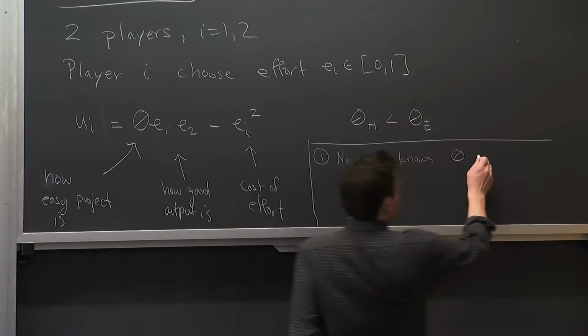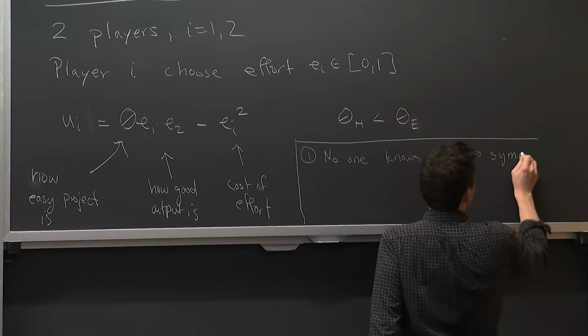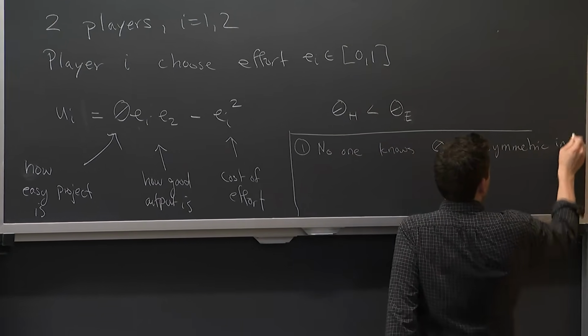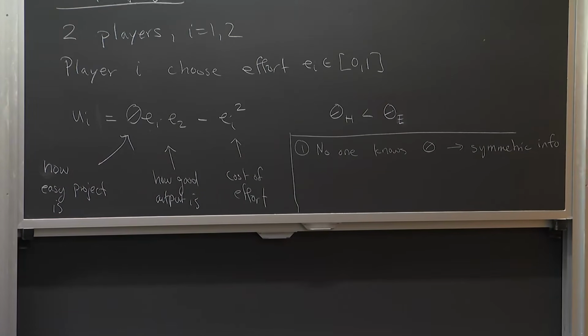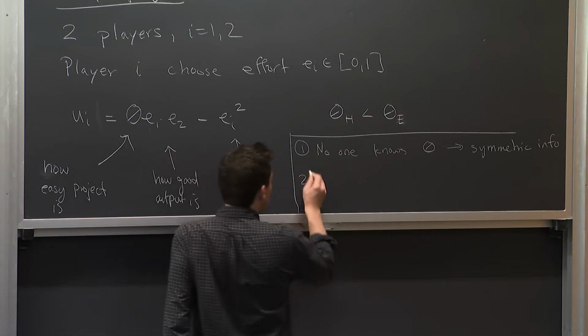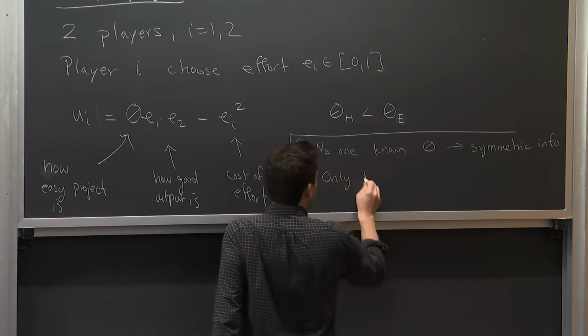So here, this would be symmetric info. If no one knows theta, then there's no information that one player knows that another player doesn't know. But the harder case, case 2, is where only player 1 knows theta.